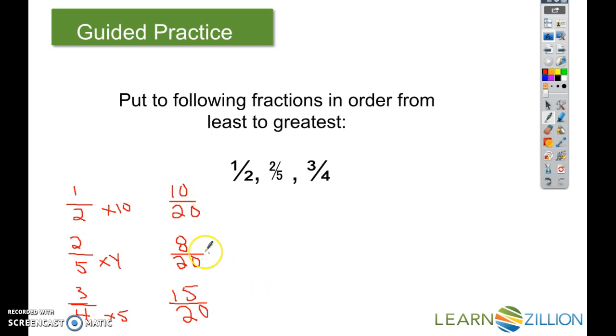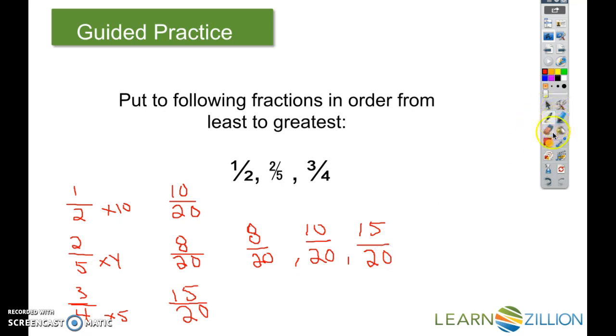So now it's easy. 8 20ths is the smallest, followed by 10 20ths, and then 15 20ths is the largest.